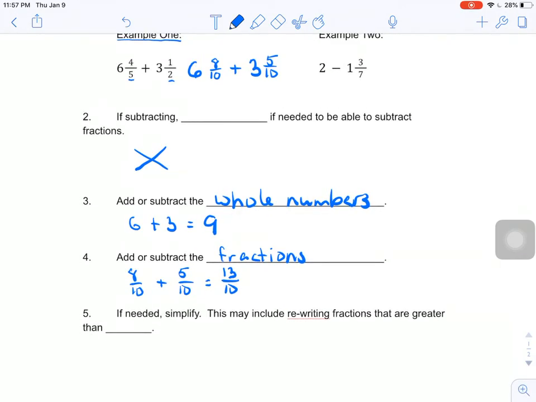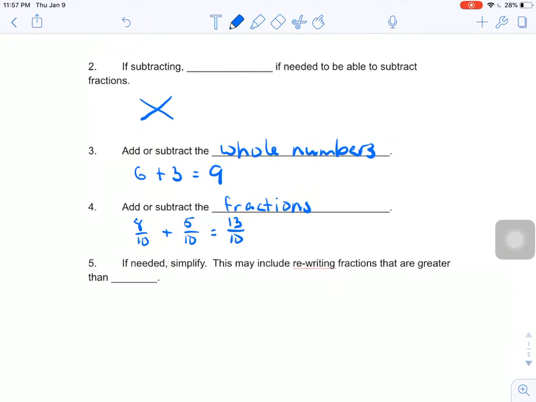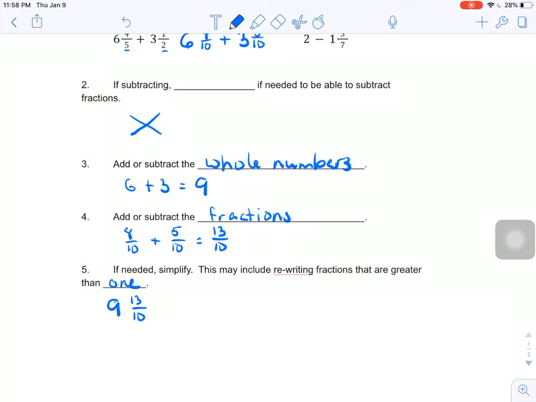So now we're going to put those parts back together. So 9 is our whole number, 13/10 is our fraction. So this looks a little bit funny, but that's because we need to do the last step, which is to simplify. So this may include rewriting the fractions that are greater than 1. So when we added 8/10 and 5/10, we ended up with 13/10.